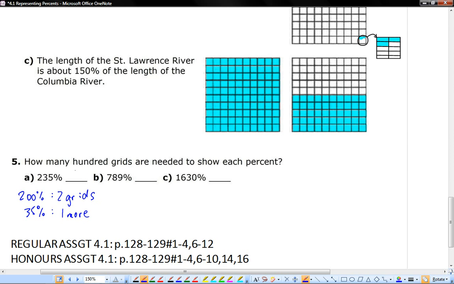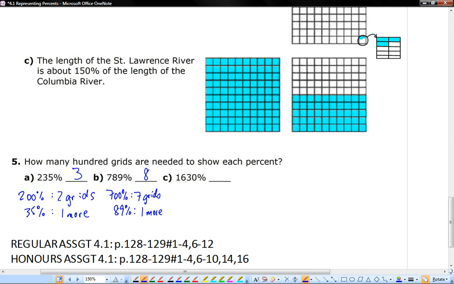And that makes a total of 3 grids for that one. For 789%, the 700%, you would need 7 full grids. And then for the 89% more, you would need 1 more grid. So that's a total of 8 grids.